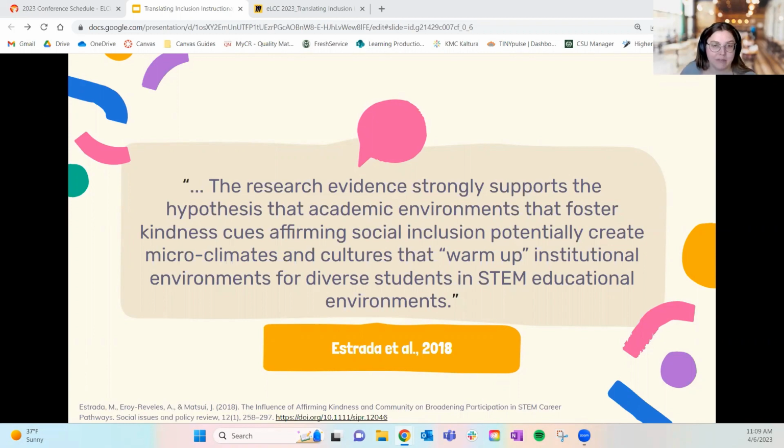And her research was specifically on STEM students, which can often be kind of a whitewashed program. So simply put, inclusion strategies, instructional strategies like kindness, increase belongingness, and belongingness creates cultures where all students, diverse students, thrive in and outside of the learning environment. So they're super duper important.